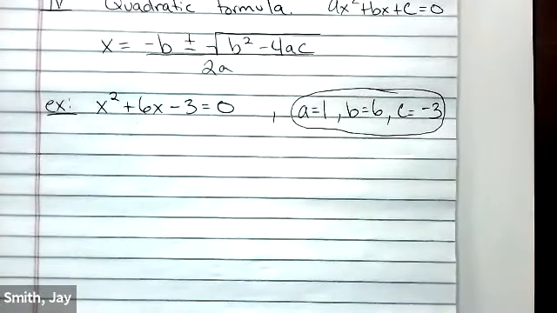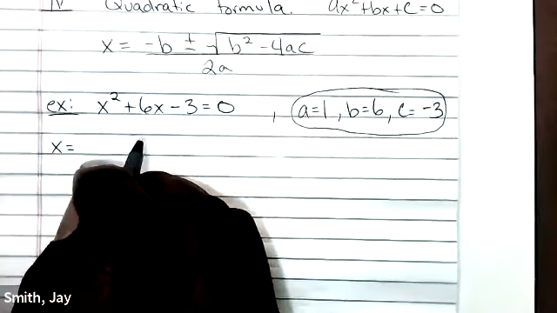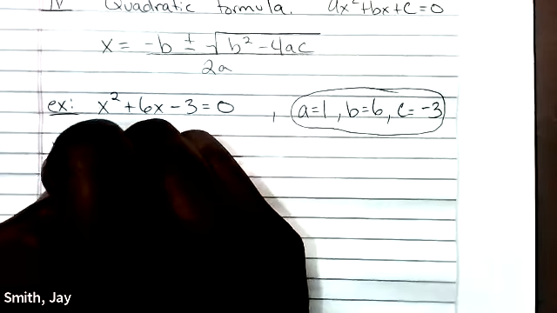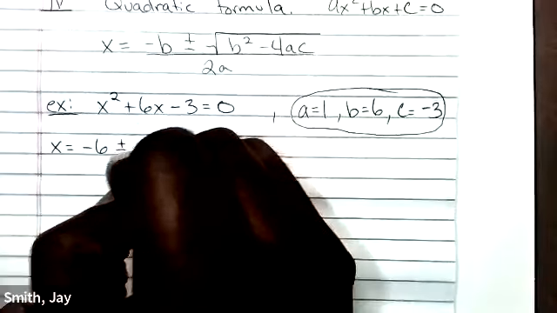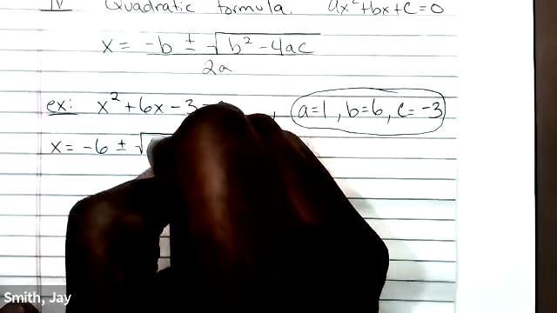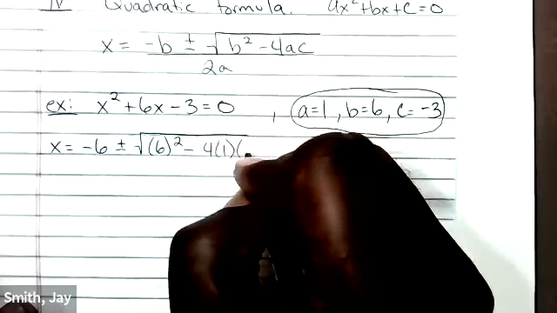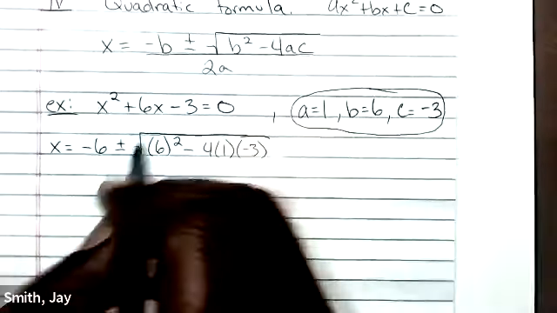All right, so now all we have to do is plug everything into its appropriate place in the quadratic formula and simplify. So if x is equal to negative b, or negative 6, plus and minus the square root of b squared, or 6 squared, minus 4 times a, which is 1, times c, which is negative 3.